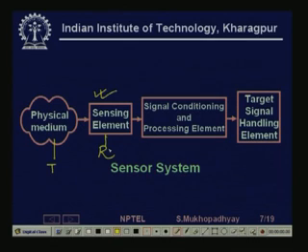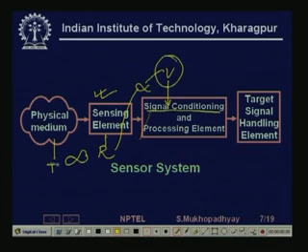Now this resistance change is still not an electrical signal which can be manipulated, so you need signal conditioning. You put this resistance into some bridge and produce a voltage which is proportional to this resistance change. So all these are proportional, and finally the voltage is proportional to the temperature.